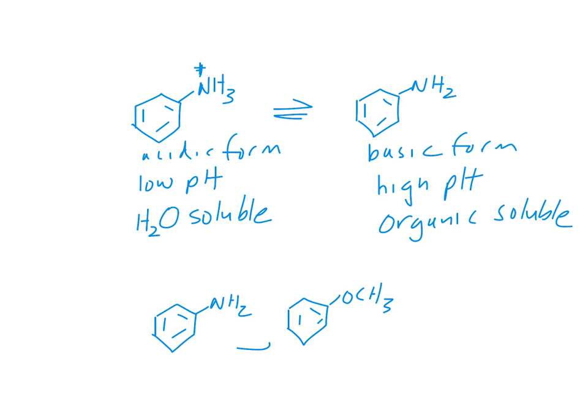But to separate these two, would we want the pH high like we did on the last slide, or the pH low? We'd want to have a low pH, right? Because what we're trying to accomplish is to make one of the species ionic while keeping the other one neutral. All right? So all you have to do is figure out at which pH they're going to be ionic or neutral. Okay, separate at low pH.